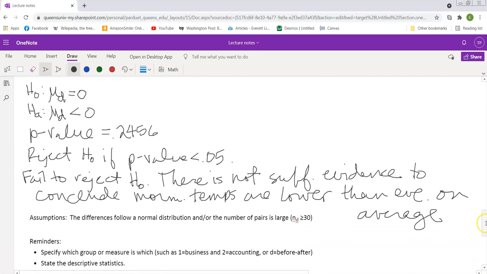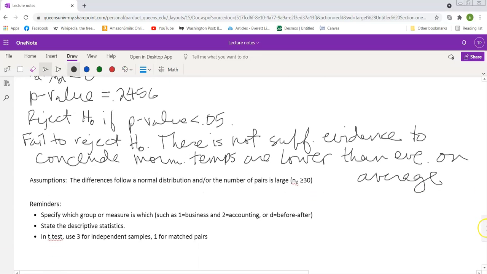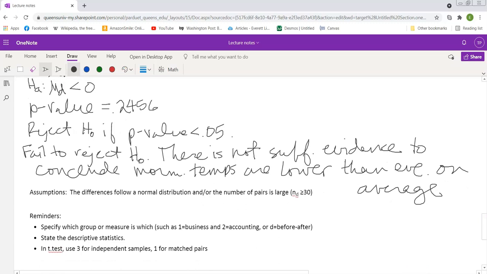I just want to end this lesson with a few reminders here. One is that I want you to specify which group or measure is which. So for the independent samples t-test, specify that 1 equals business and 2 equals accounting, or that your differences are calculated as before minus after.